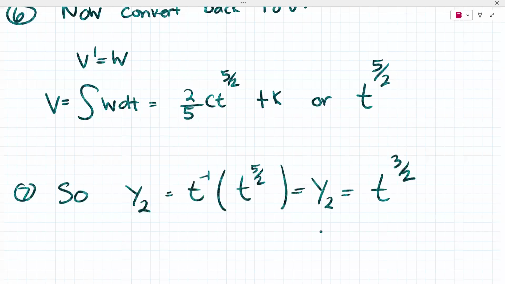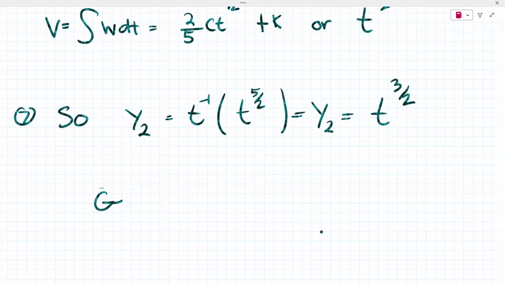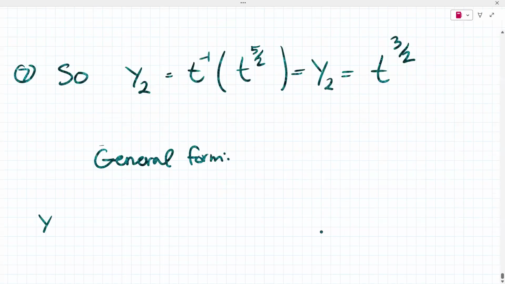So my general solution is going to be y of t equals c1 t to the negative 1 plus c2 t to the 3 halves.